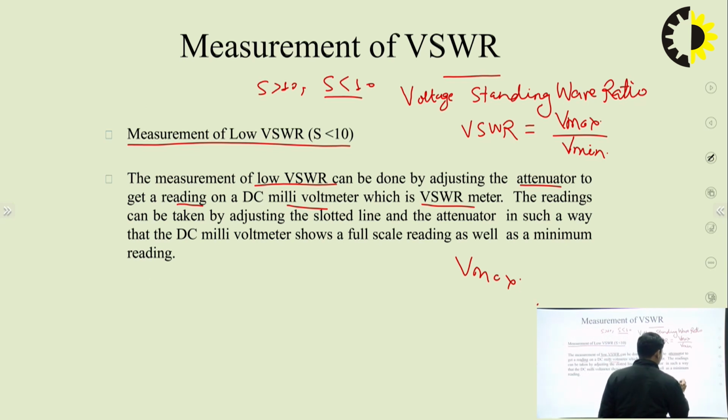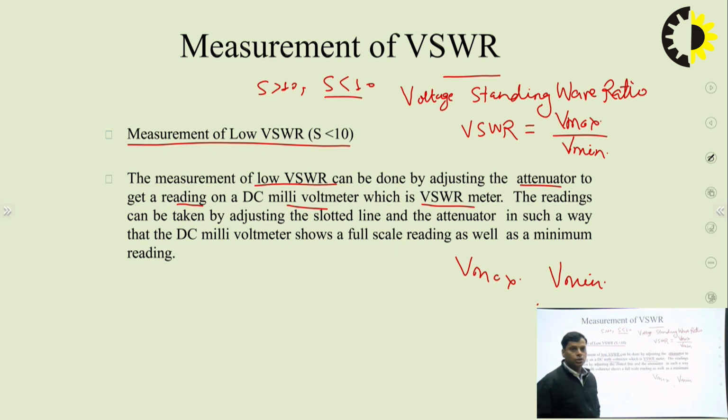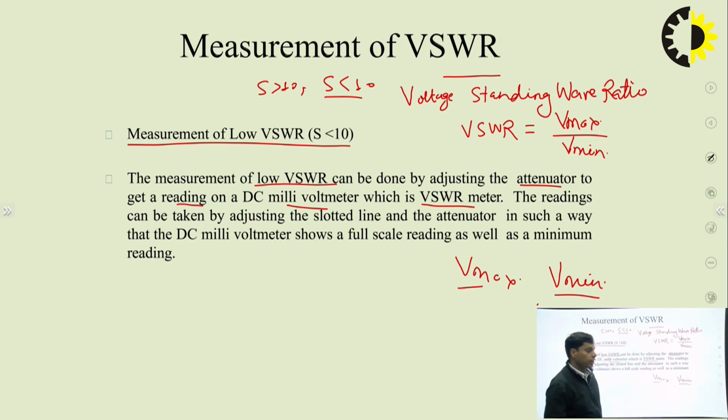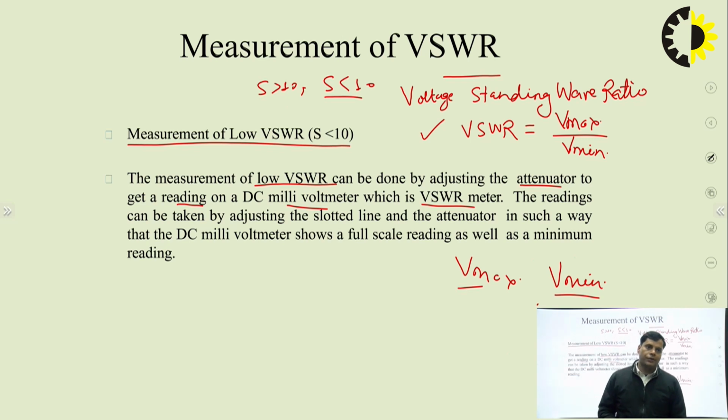Another time, we adjust the attenuator in such a way that it gives the minimum value, Vmin. In this way we get these two values, Vmax and Vmin, on the DC voltmeter or VSWR meter, and taking the ratio of Vmax to Vmin gives the value of VSWR.